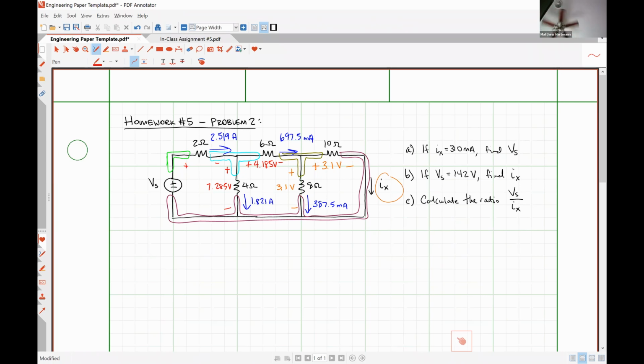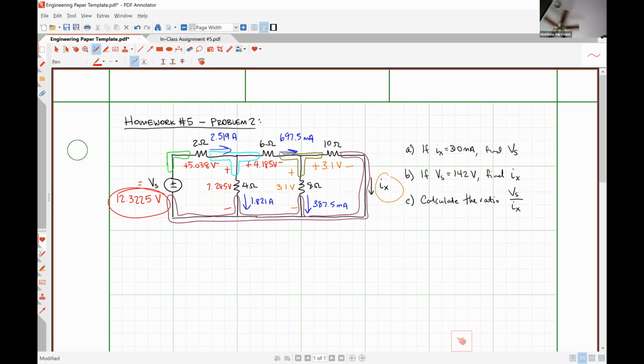of 5.0375, so 5.038 volts. I can add that to that 7.285 volts, and find that Vs is equal to 12.322 volts. 3225.